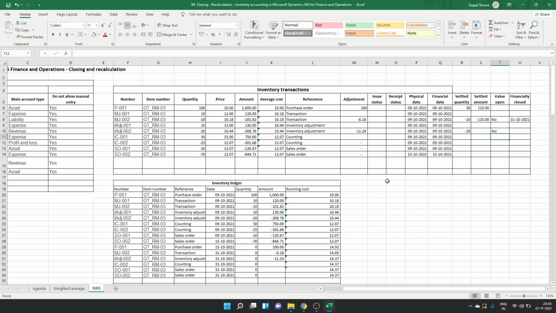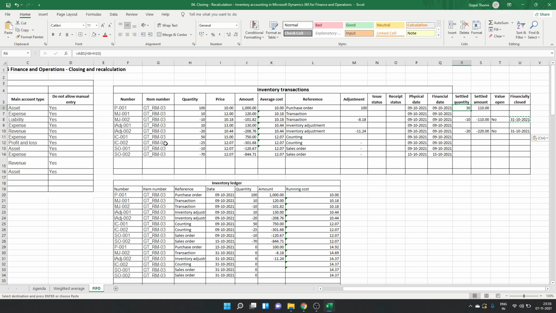Value open is no because value is fully settled. Okay, this value is also settled. Okay, and the financially close date for this issue transaction is okay. So now from this 100 quantity, we have already settled 30 quantities, still 70 quantities remaining.